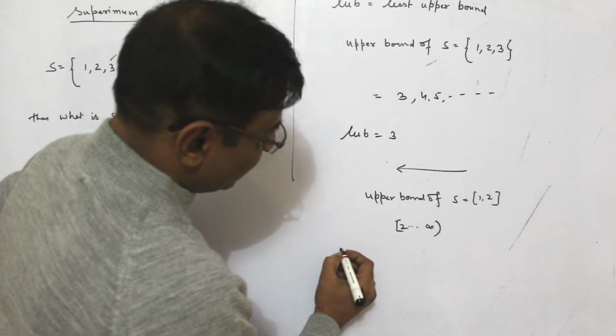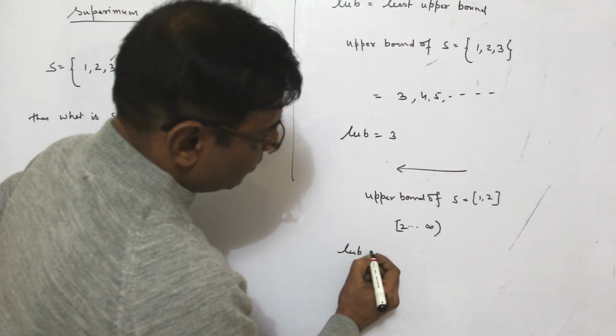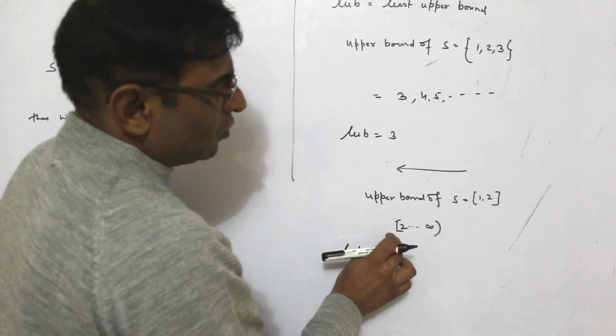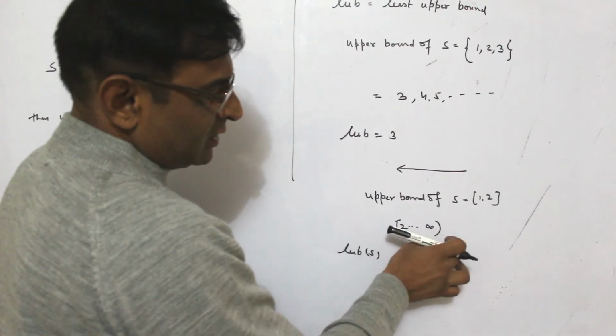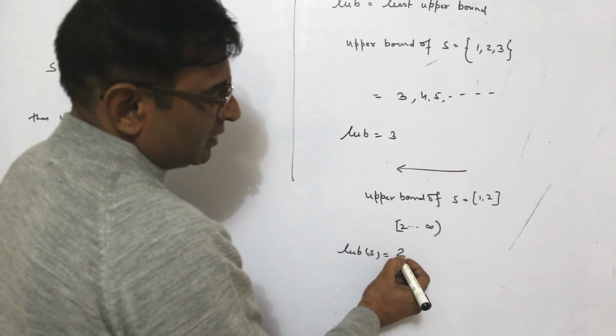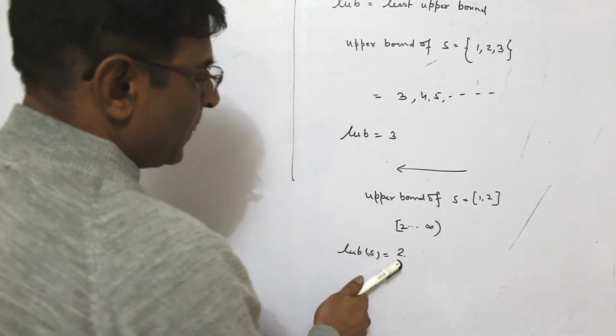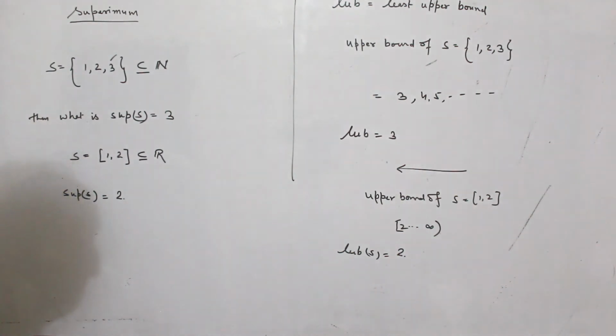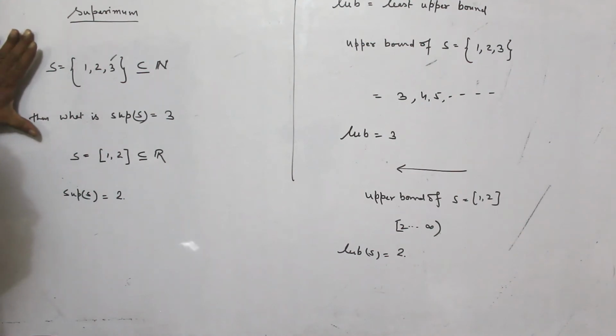Now we are checking the least upper bound of S. So this is the upper bound set, and out of this the least we take is 2. So this is the least upper bound. This is the basic idea of least upper bound and supremum.